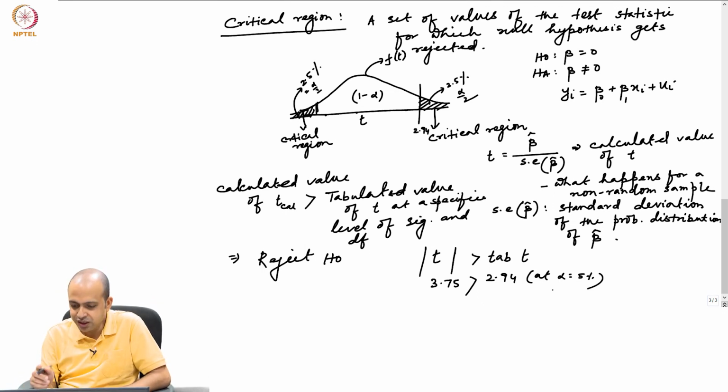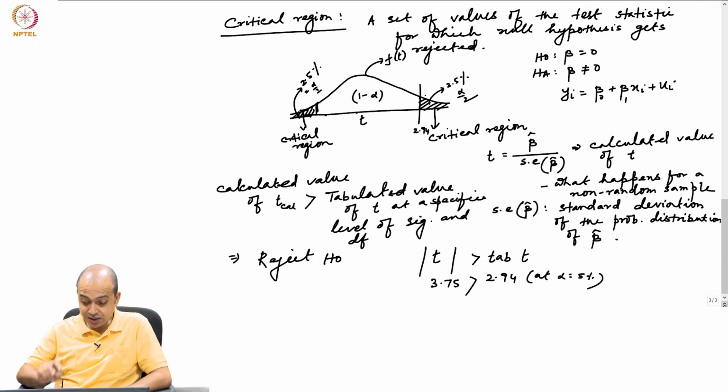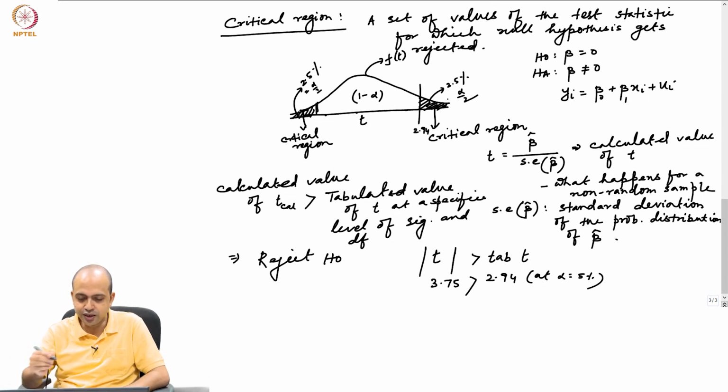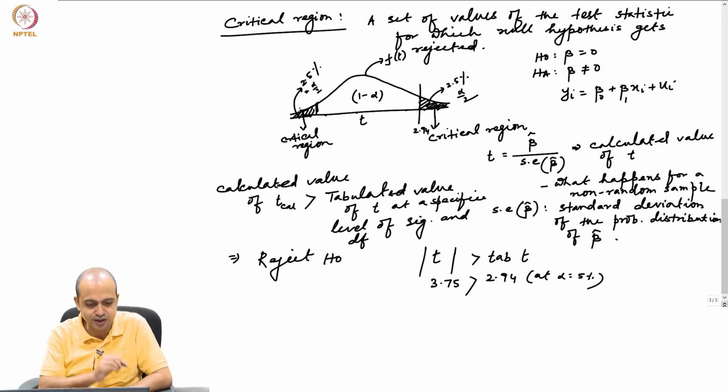That means I am saying the size of the critical region is 5%. Since 3.75 is greater than 2.94, that means you are actually entering into this critical region, either this side or this side depending on the sign, but your decision making rule would be the same.